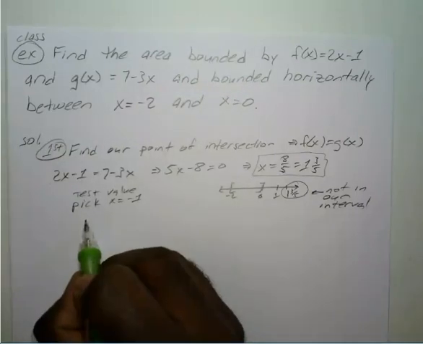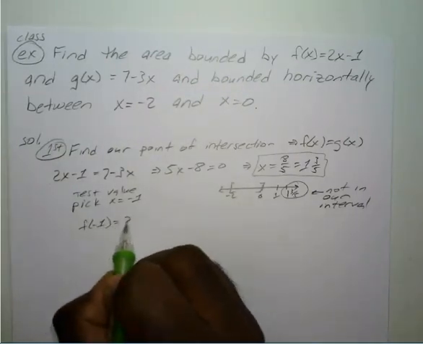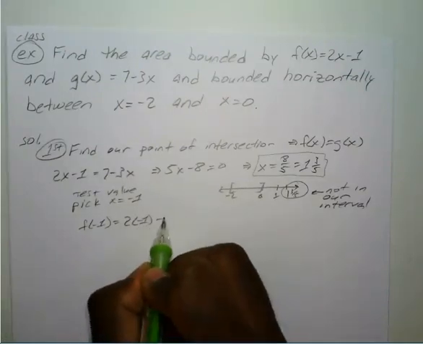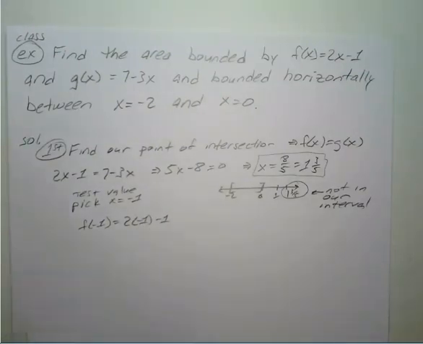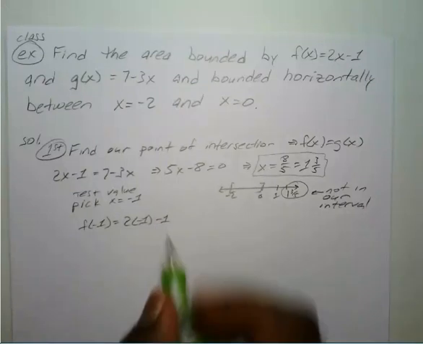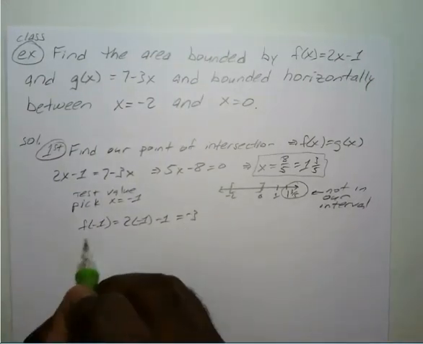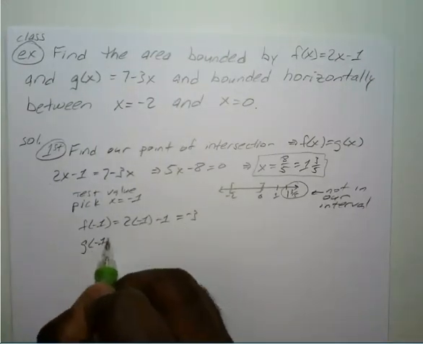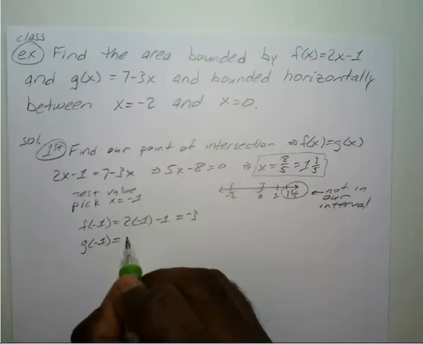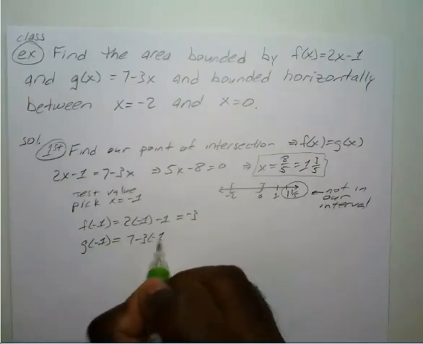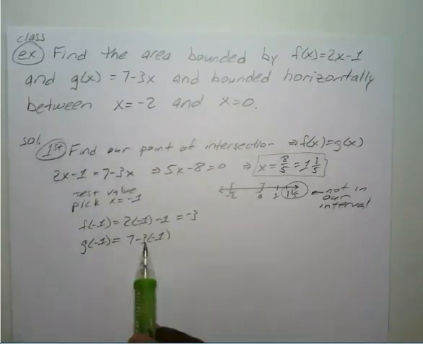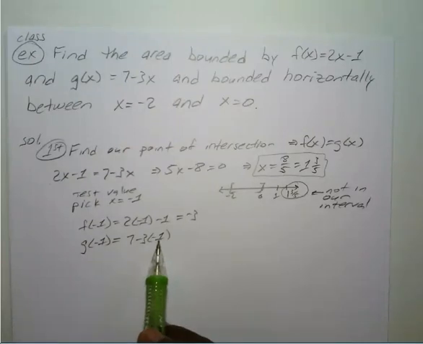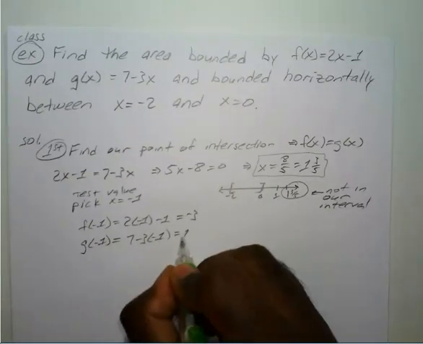Okay, so f of -1 equals 2 times -1 minus 1. So -2 minus 1 is -3. And g of -1 is equal to 7 minus 3 times -1. -3 times -1 is +3. 7 plus 3 is 10.